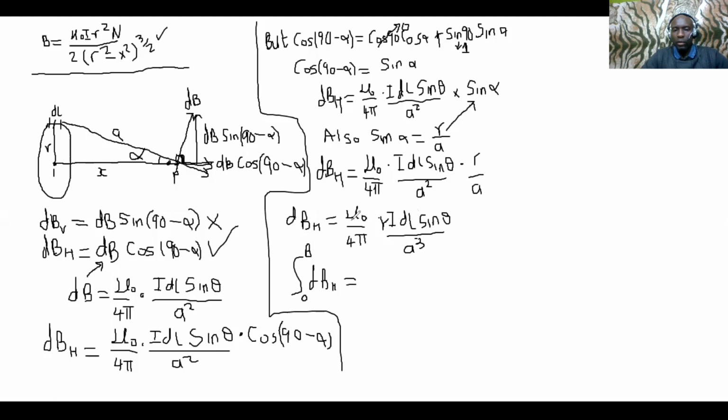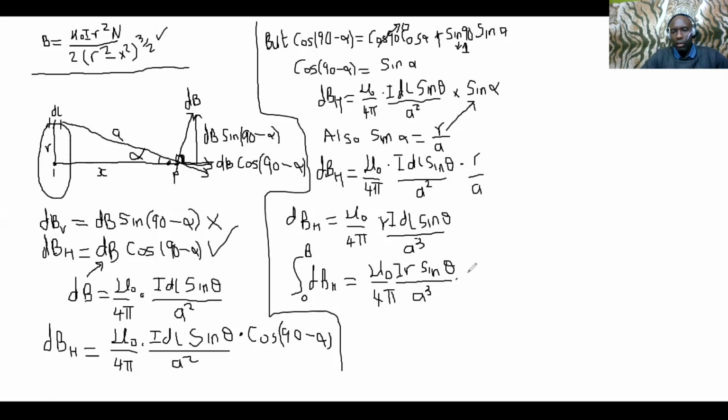Now let us take all the constants out to simplify the calculations. Then 4 pi, I multiplied by I R sine of theta, divided by A cubed.